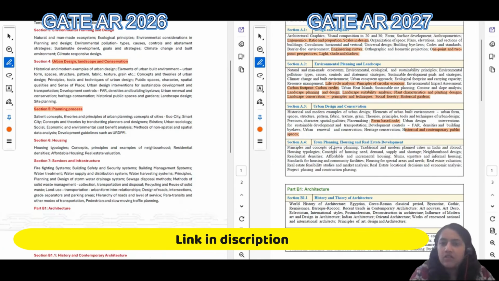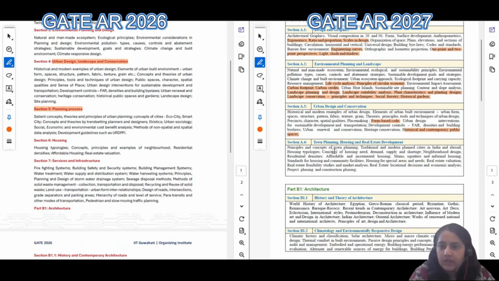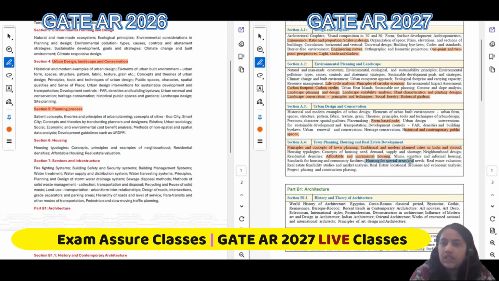So again, basics of town planning, planned cities in India, planned cities abroad. This is added. The basics of housing, again, more or less the syllabus of housing stays the same, but there are a few additions that have been mentioned, like affordable incremental housing, housing for special areas and needs.